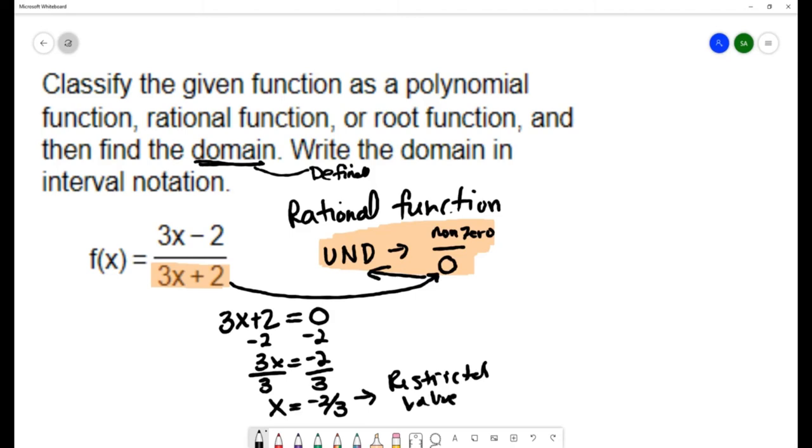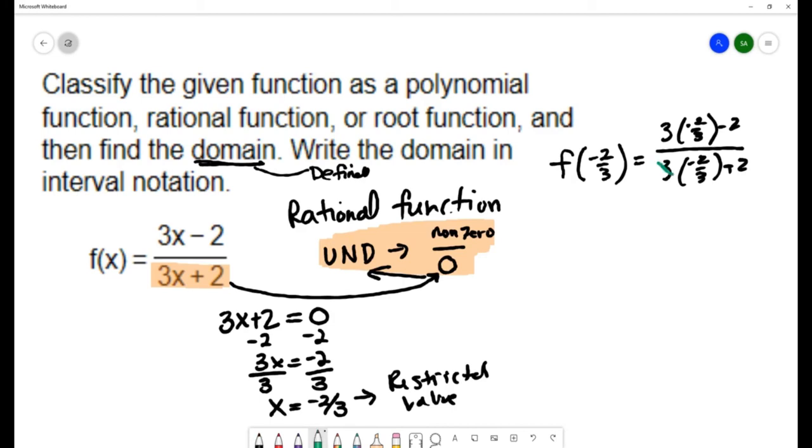It's restricted because if I were to substitute this into the function, it's going to cause the function to be undefined. So let's watch that happen. If I substitute negative 2/3 into this function, I get 3 times negative 2/3 minus 2 over 3 times negative 2/3 plus 2.